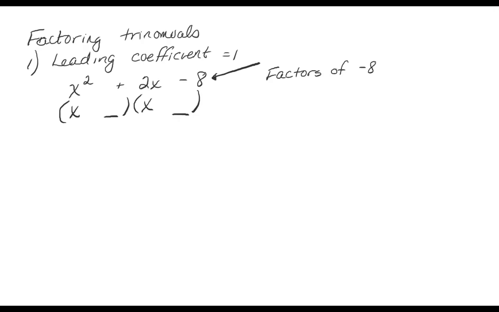So in the case of the leading coefficient of 1, those numbers have to add up to, or sum to, the middle term coefficient. So this is the C value, this is the B value. This works when the leading coefficient is 1, and only when the leading coefficient is 1.